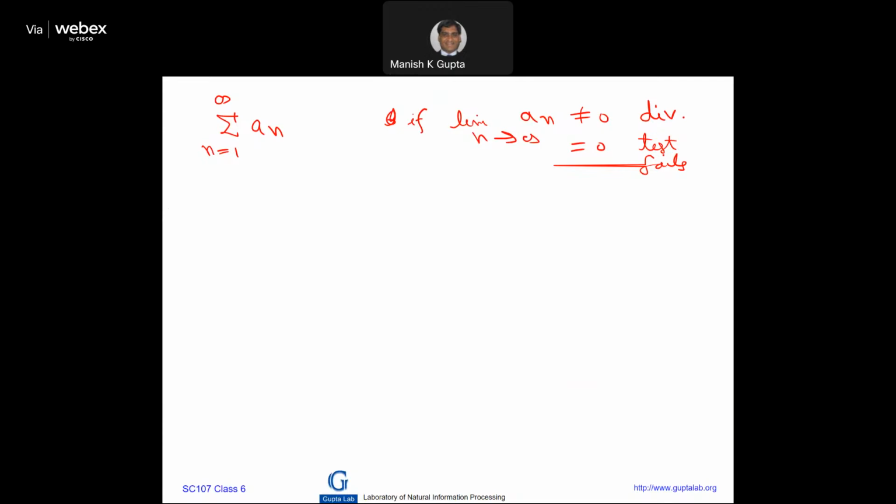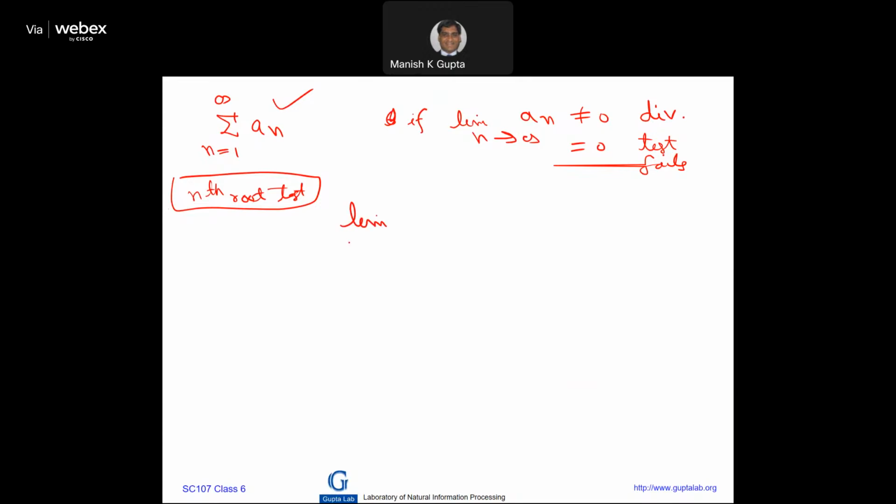Next, the nth root test. This is a beautiful test. The series is the same: summation An, n equal to 1 to infinity. I'm not writing it again.